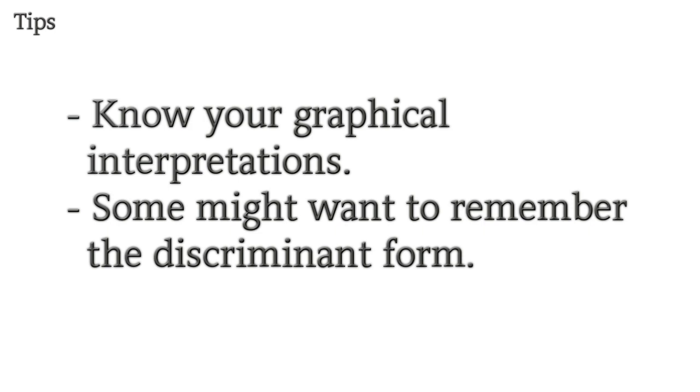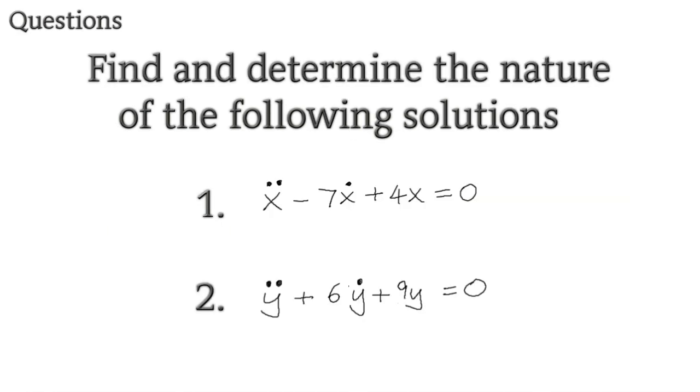So yeah, that's it. For the questions, I've got 2 questions for you to carry out, and basically just find the solution, then state its nature. Nature, aka the form of oscillation, so whether it's overdamped, critically damped, or underdamped.